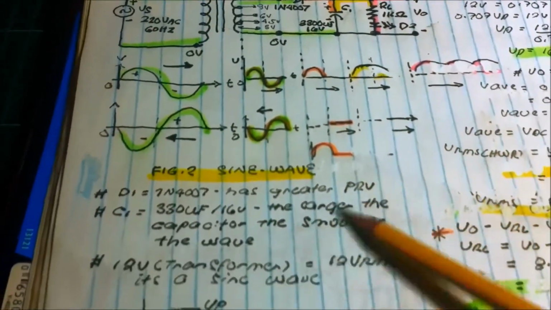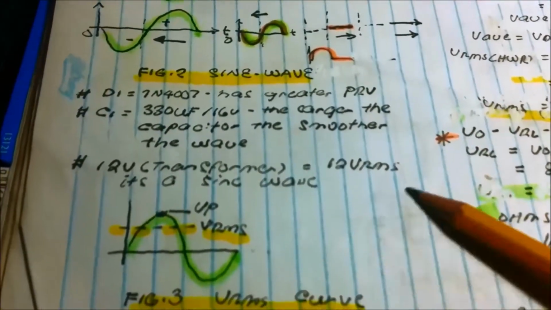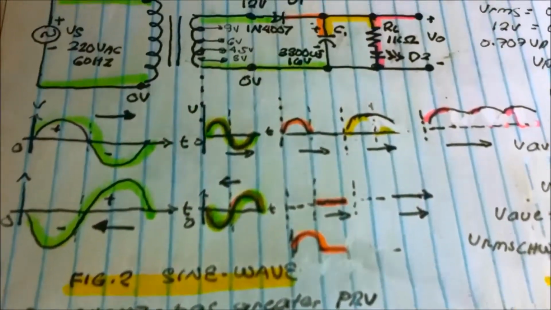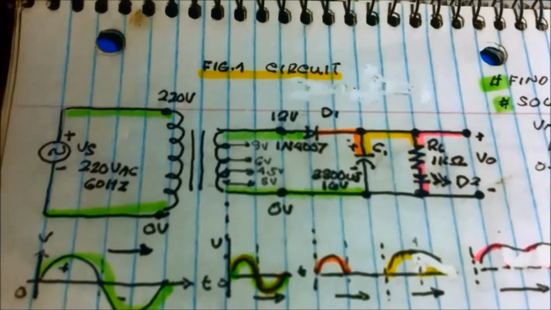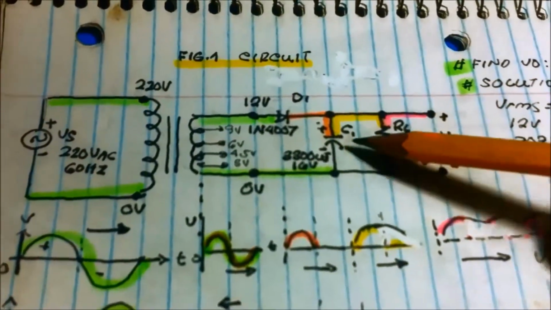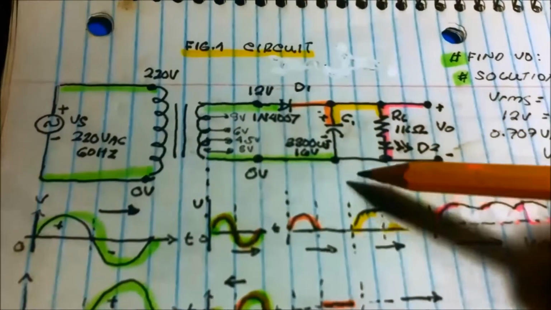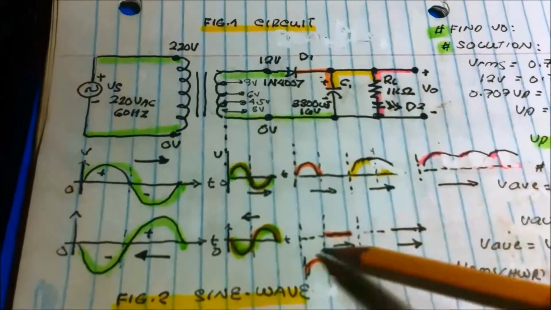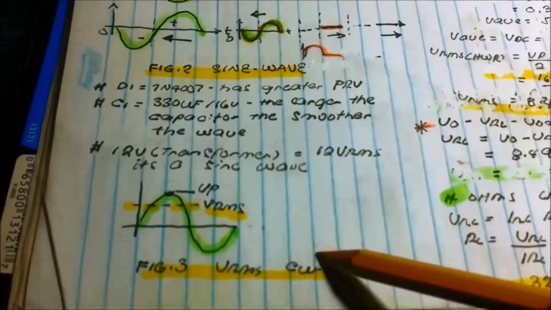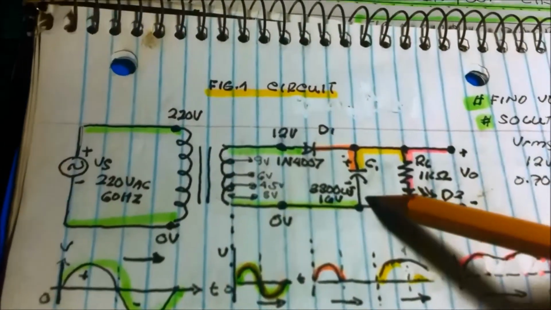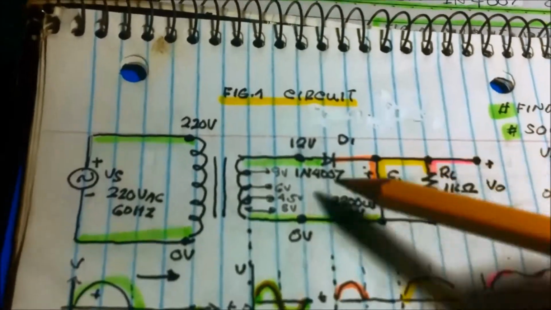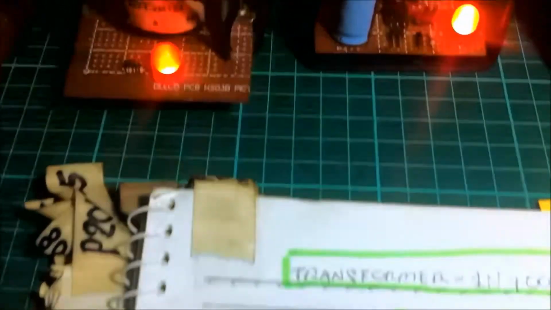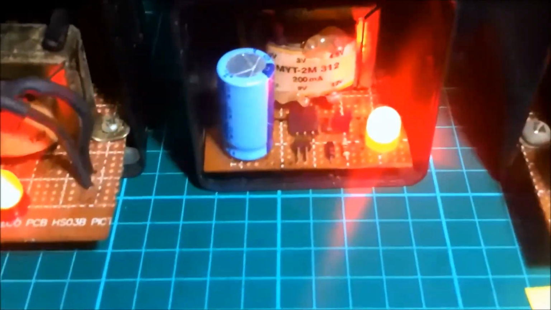So again, I'm adding a new component, and I discuss it here. You can see this project in my video description below. I discuss all the waveforms here. What is the behavior of the circuit? You can see that the light of the LED is not blinking.